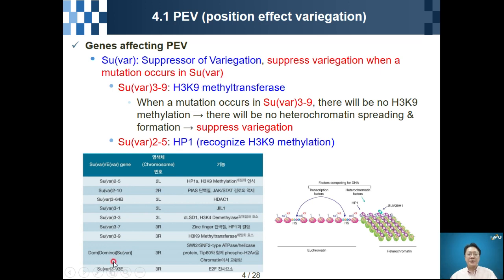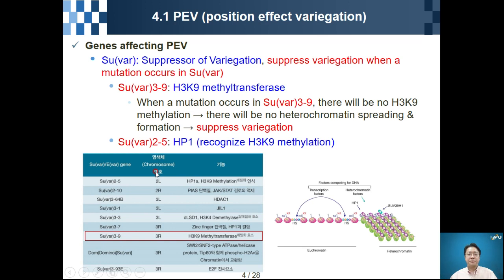The first one is SU(VAR)3-9. Its main function is H3K9 methyltransferase. This gene is located on chromosome 3.